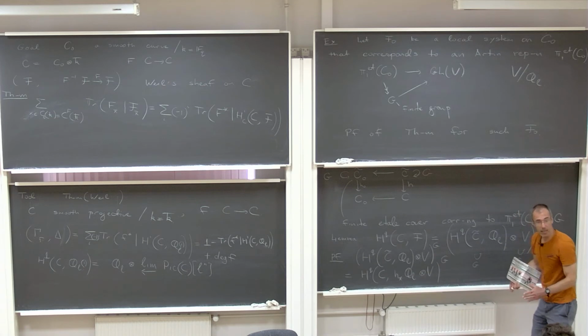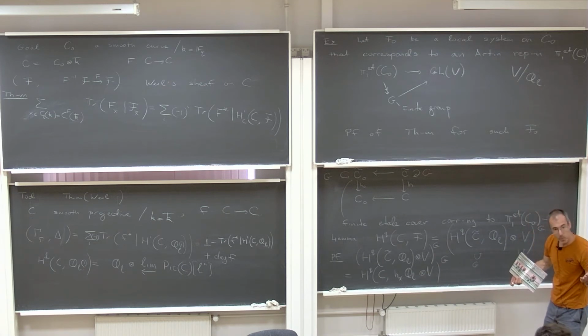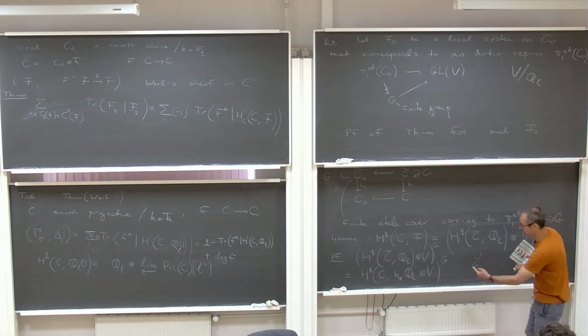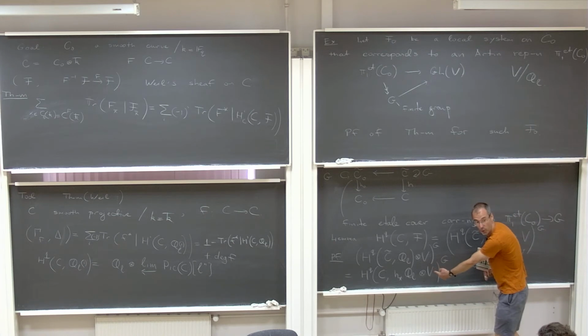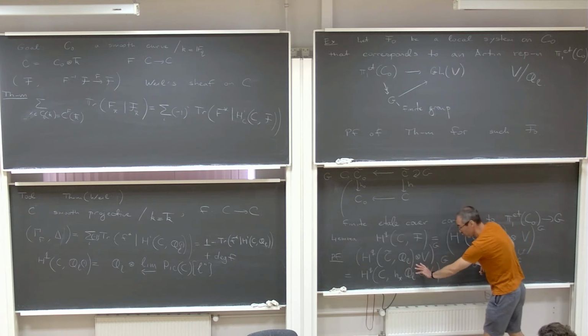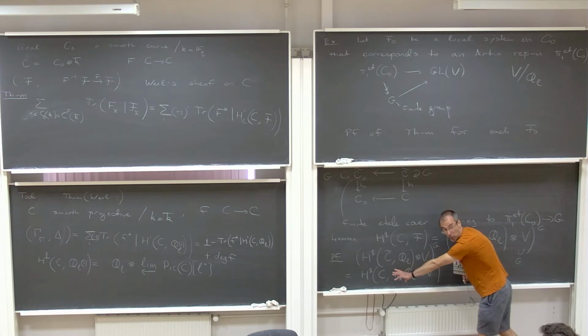And I claim that if I have a finite group acting on a QL sheaf, on a sheaf of vector spaces over a field of characteristic 0, then taking invariance commutes with homology.